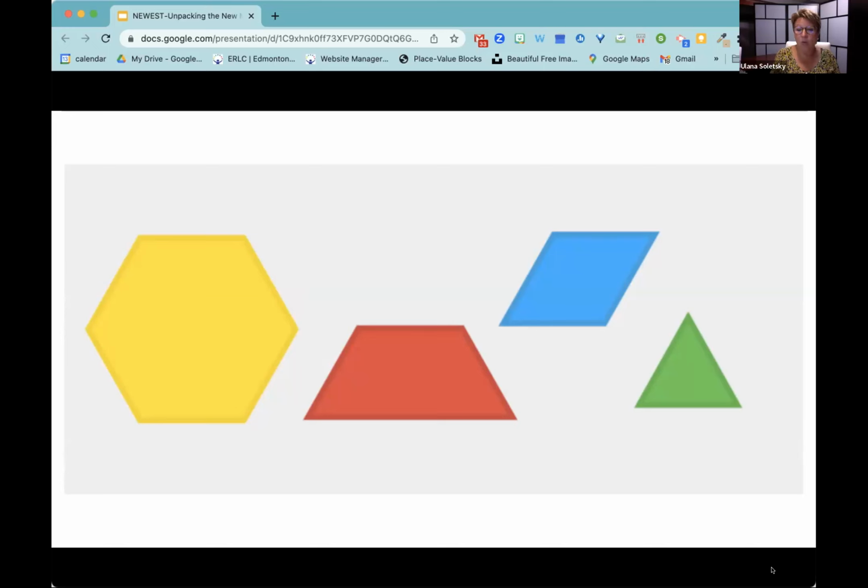It's really important when you're using pattern blocks that you use each one of these as the whole, because we want kids to know that when we're comparing parts, it really does depend on how big the whole is.